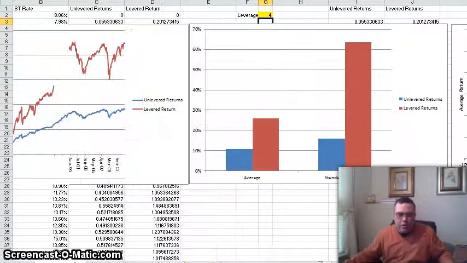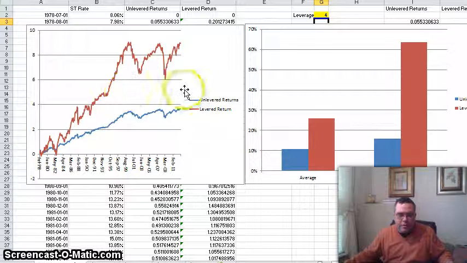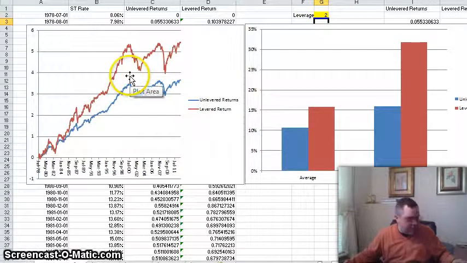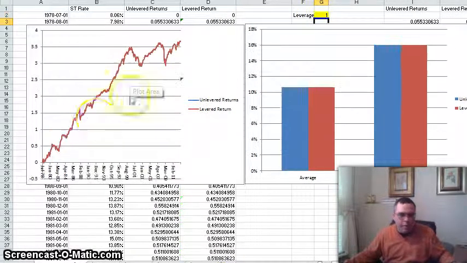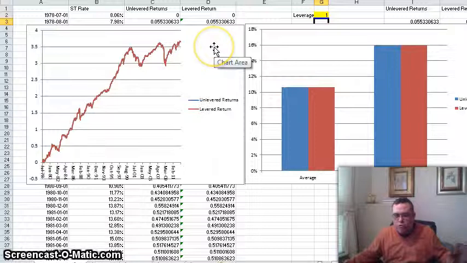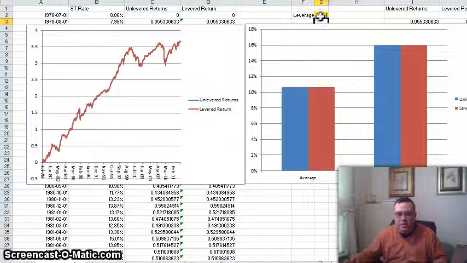You can go over and look, if I scroll back here, that the same change is happening to your returns, right? So let me put 2 back in here where we started. Obviously, if I put 1 in here, the lines are the same. No leverage. Leverage ratio of 1 means just 1 to 1. You put in the same amount that you invested. You didn't borrow anything.